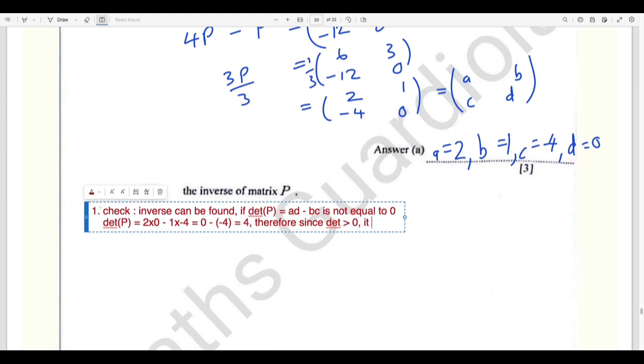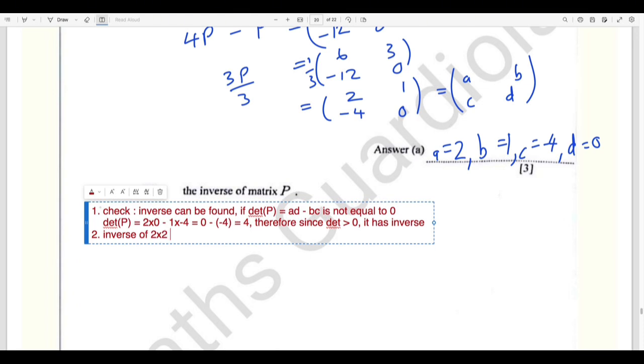Since our determinant is 4, it's not equal to 0, it therefore means that this matrix P has an inverse. Now, let's go on to calculate the inverse of the matrix P.